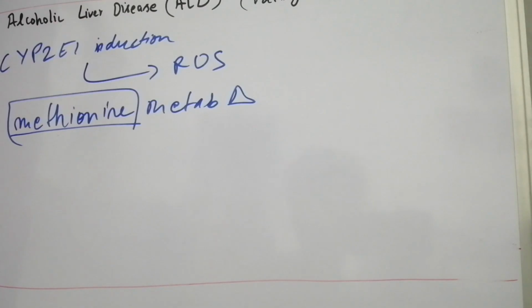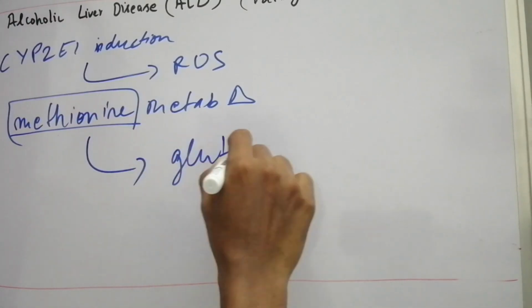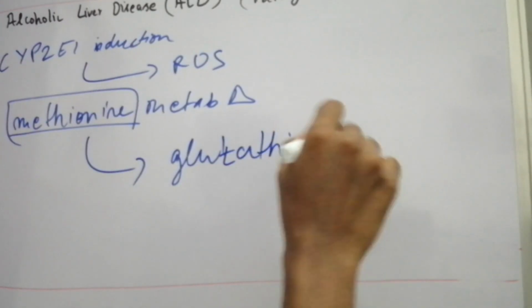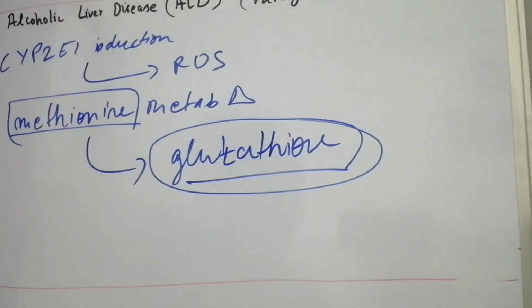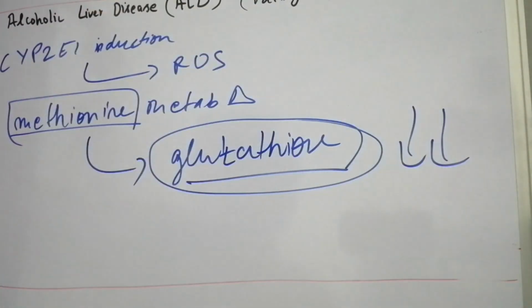What methionine is important for is glutathione. You know that glutathione is very important for preventing oxidative injuries. So your glutathione is going to decrease very much, and that is going to further escalate your hepatic injury.